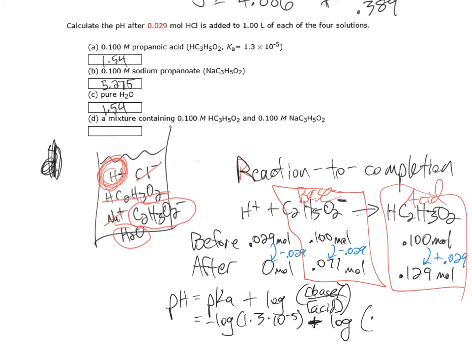And we'll take the base number of moles over the acid number of moles. 0.129 for the acid.